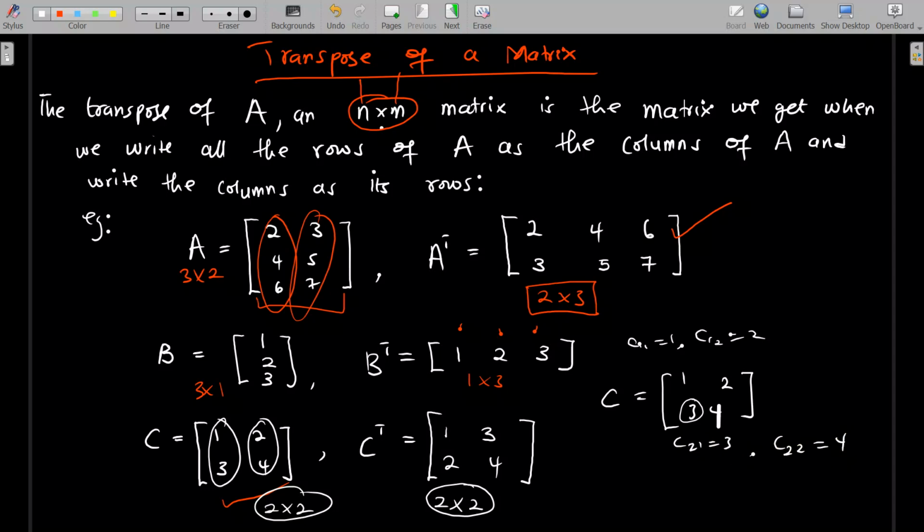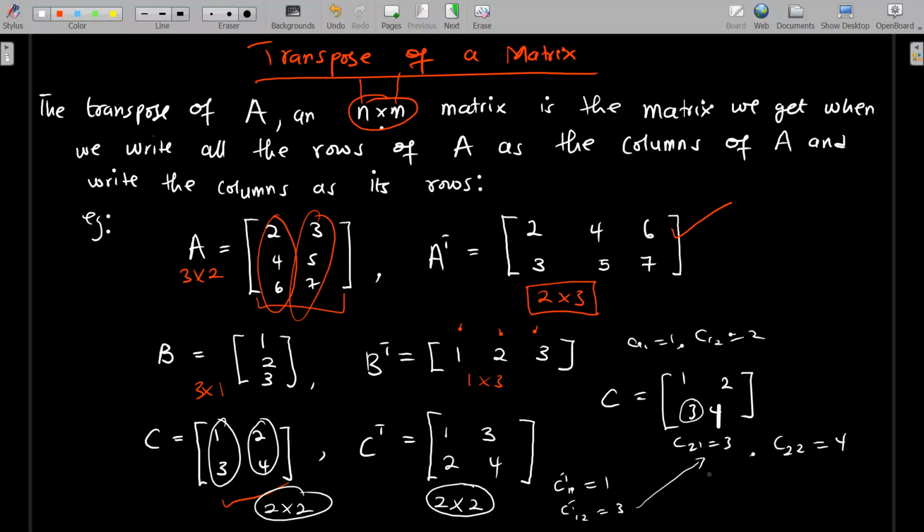Now let's look at the transposition of C. What happened? Now the C transpose 11 entry is 1, still 1. But the C transpose 12 entry is 3. What is the relation between these? You realize that they are the same. C21 and C transpose 12 have the same value.